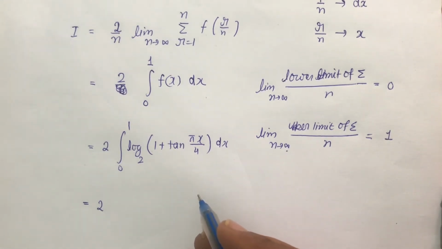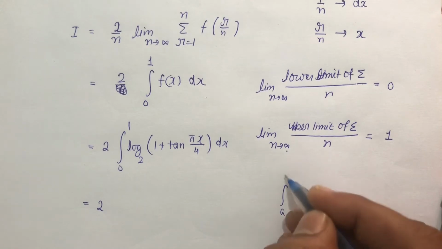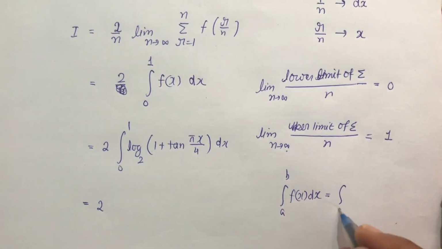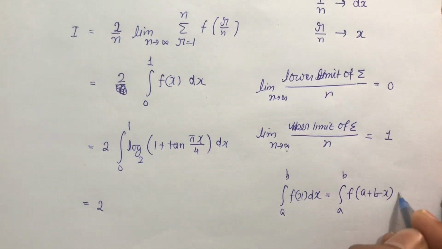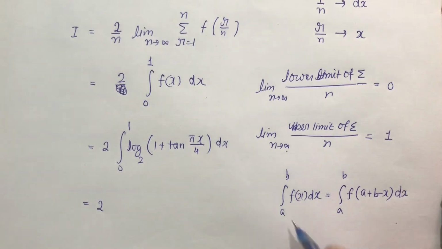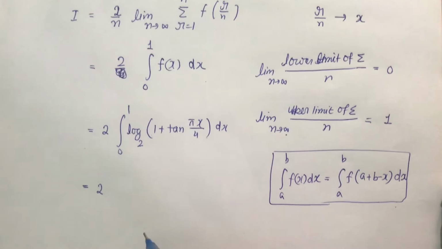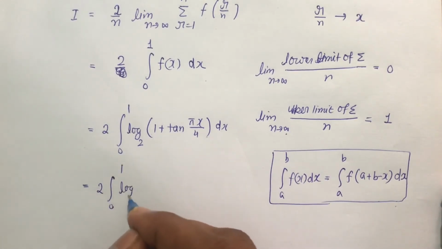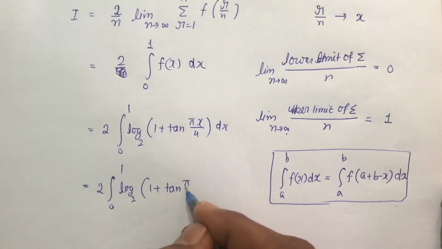We can apply a definite integral property. How can we apply it? You know this property: integral a to b of f(x) dx is equal to integral a to b of f(a plus b minus x) dx. Using this property, I can rewrite this integral as twice the integral from 0 to 1 of log base 2 of (1 plus tan pi by 4).